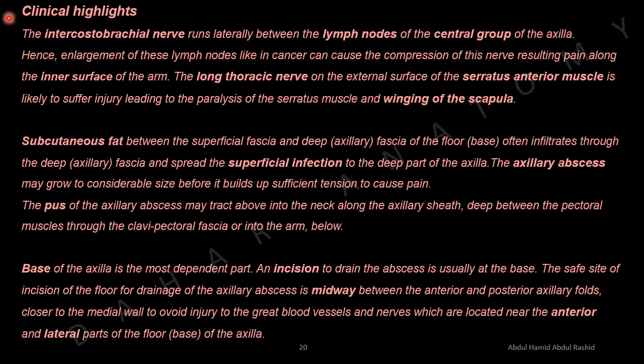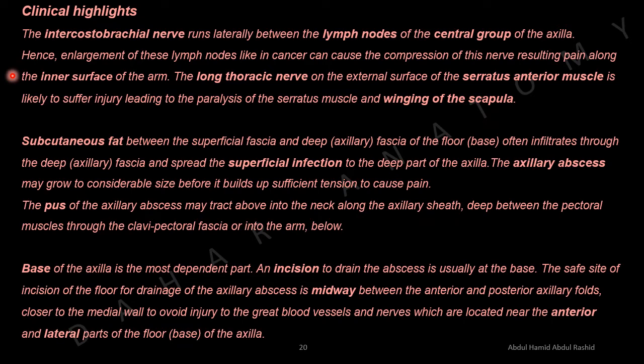Clinical highlights. The intercostobrachial nerve runs laterally between the lymph nodes of the central group of the axilla. Hence, enlargement of these lymph nodes, like in cancer, can cause compression of this nerve, resulting in pain along the inner surface of the arm.